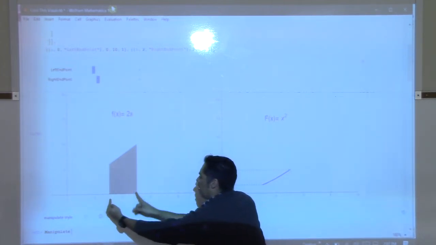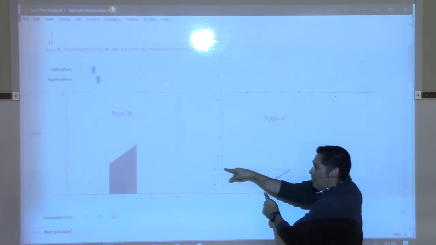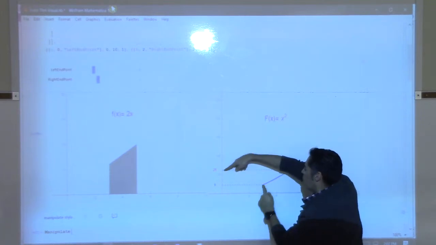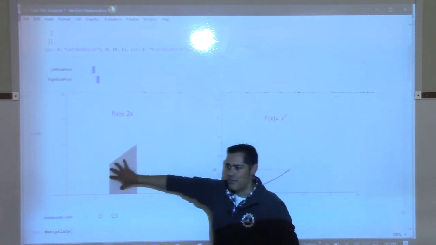So you plug in 3 and 5, you get the y-coordinate off of this endpoint and the y-coordinate off of this endpoint, and amazingly, the difference between these two numbers is the area underneath that curve.